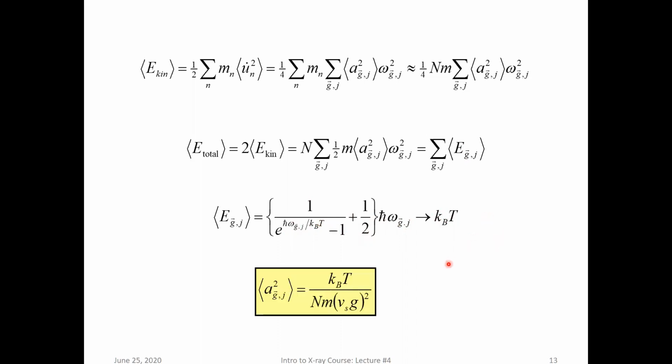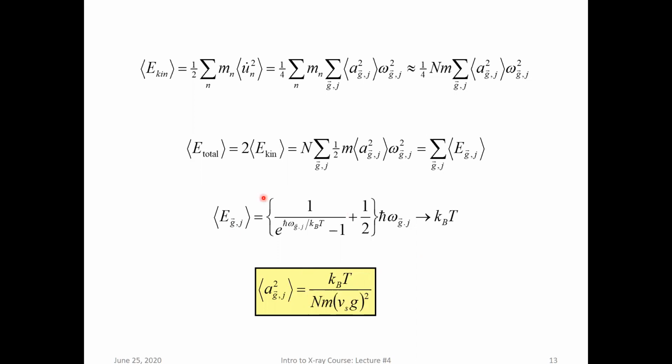And you get the very simple, pleasing result that these amplitudes go like kT divided by the number of particles. So kT was the energy in the whole thing. This is now the energy per particle. Then the speed of sound and so on come in with the mass, giving the right kind of normalization.